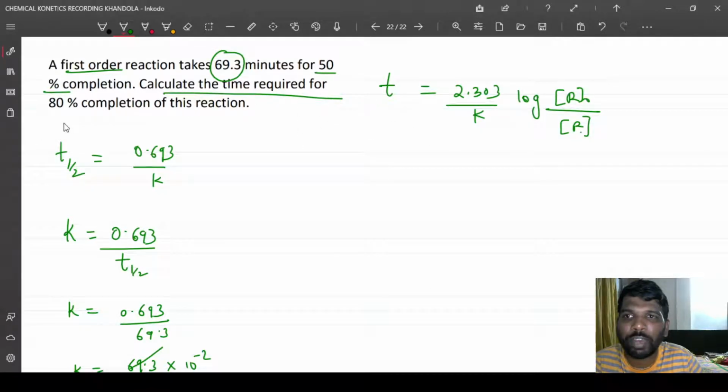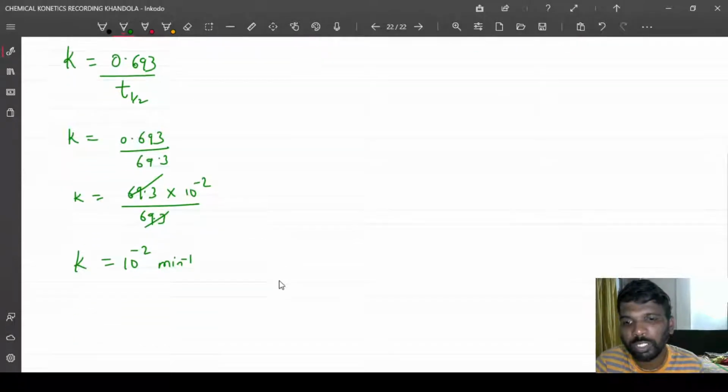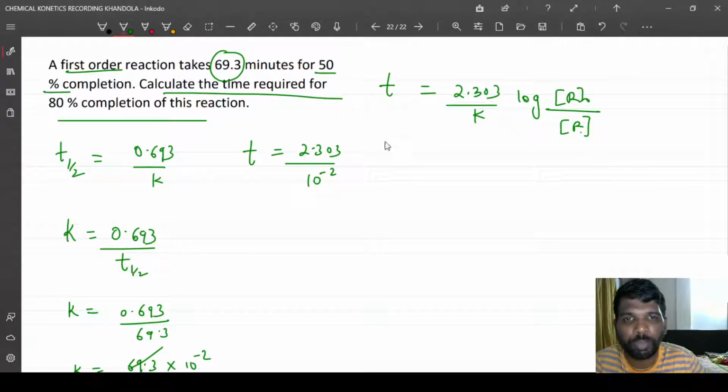Calculate the time required for 80% completion. So time is equal to 2.303 divided by 10 raised to minus 3 per minute, which was my rate constant, into log of R0 upon R. So we are basically considering R0 to be 100 to make our calculations easy. And what would be R?